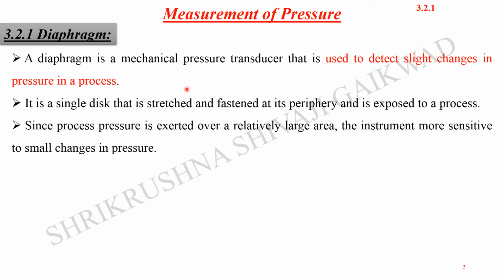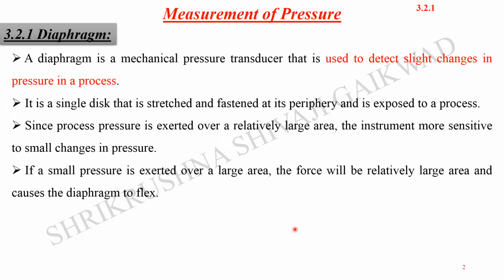Now, since the process pressure is exerted over a relatively large area, the instrument is more sensitive to the smallest changes in the pressure. Suppose the surface area is larger, then obviously the force exerted will be larger and the pressure will be smaller. So when we exert the force on a larger area, the device or instrument is more sensitive to small changes in the pressure.